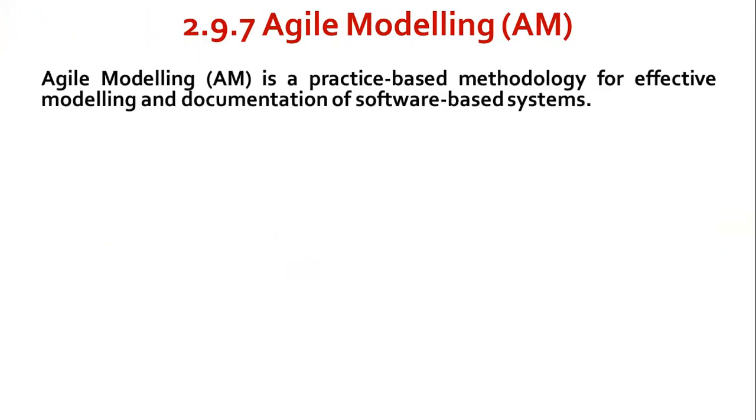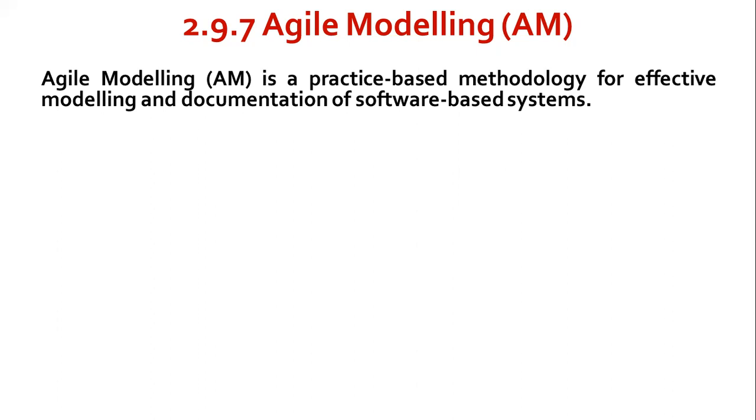And coming to the seventh one, that is Agile Modeling. Agile Modeling, AM, is a practice-based methodology for effective modeling and documentation of software-based systems. Simply put, Agile Modeling is a collection of values, principles, and practices for modeling software that can be applied on a software development project in an effective and lightweight manner.